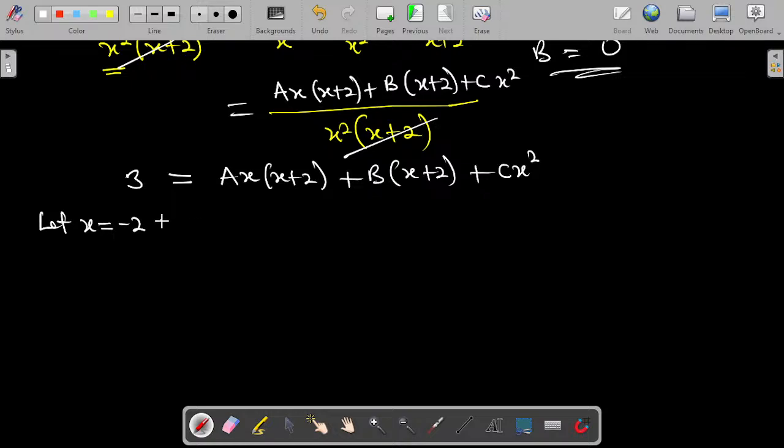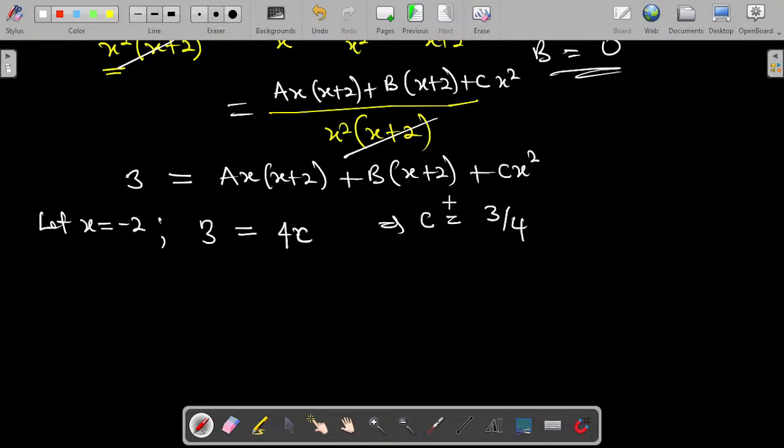Of course, this is a constant, anything you put here it will still remain the same. If you put minus 2 here, this will turn to 0. If you put minus 2 here, this will turn to 0. If you put minus 2 here, you get 4c, because minus 2 squared is 4. So our c alone will be 3 over 4.